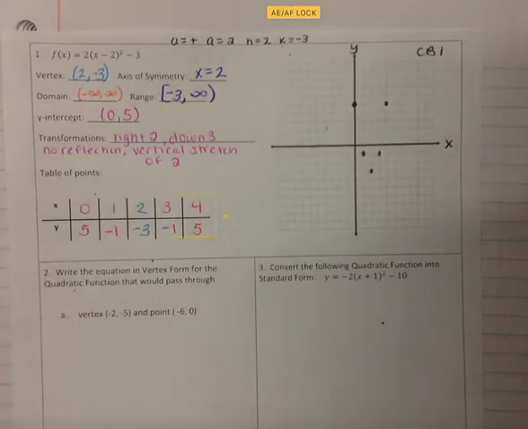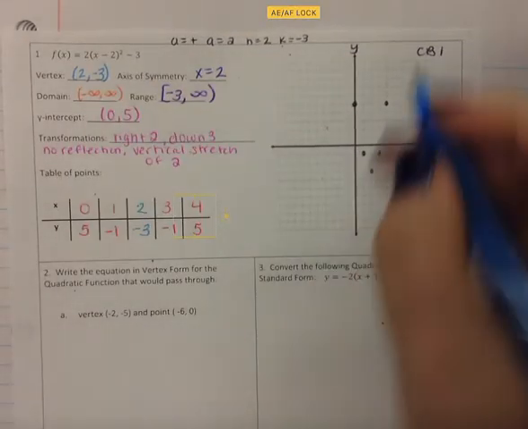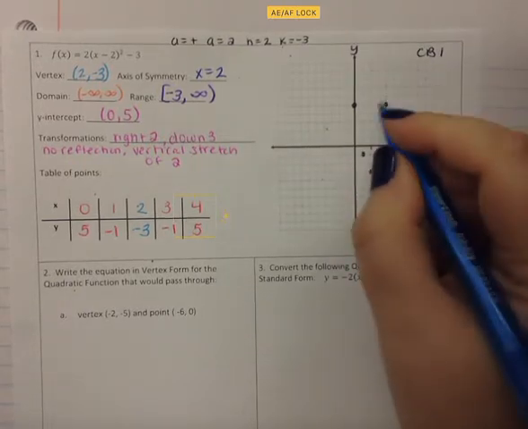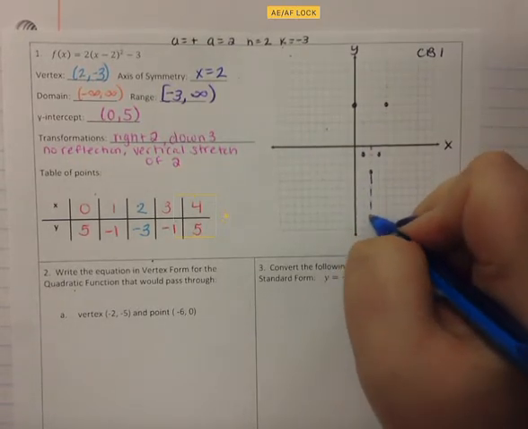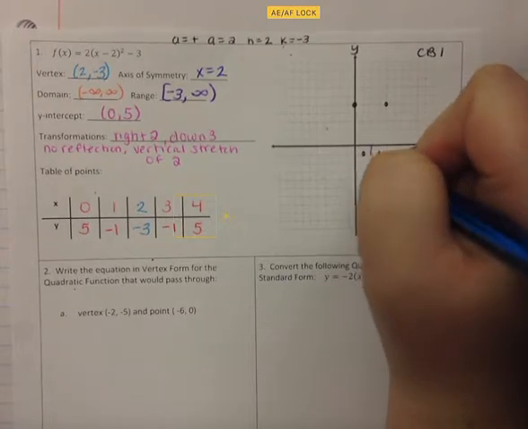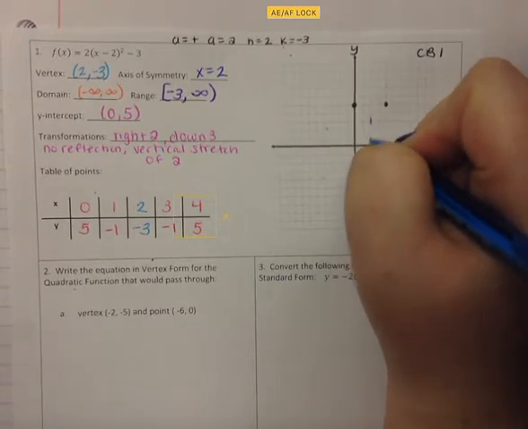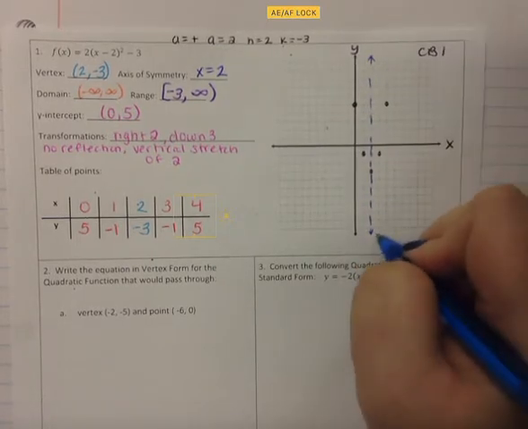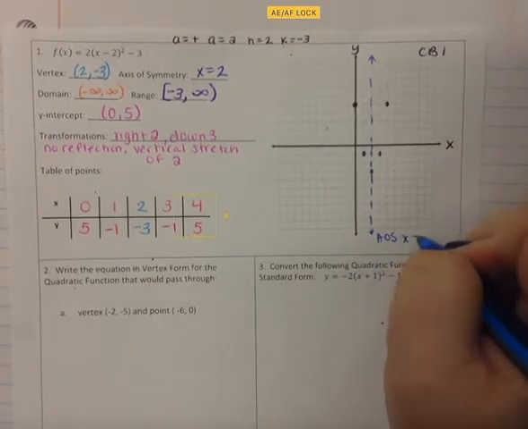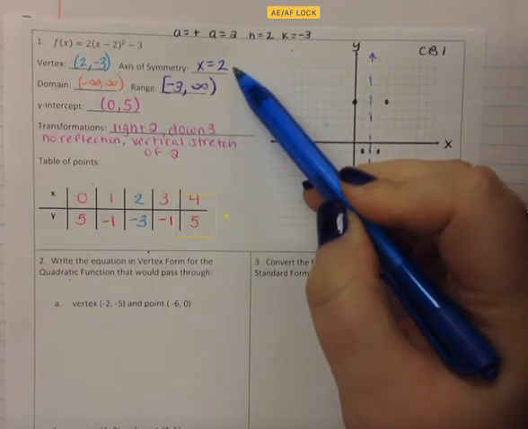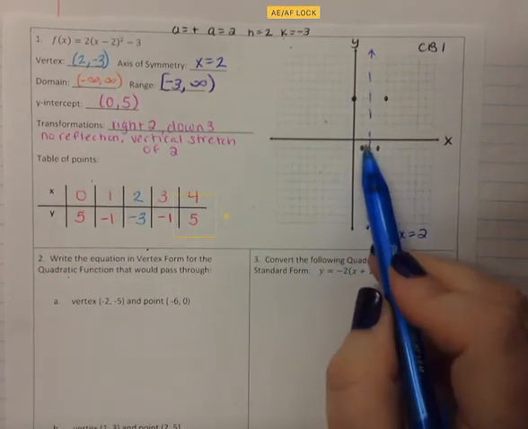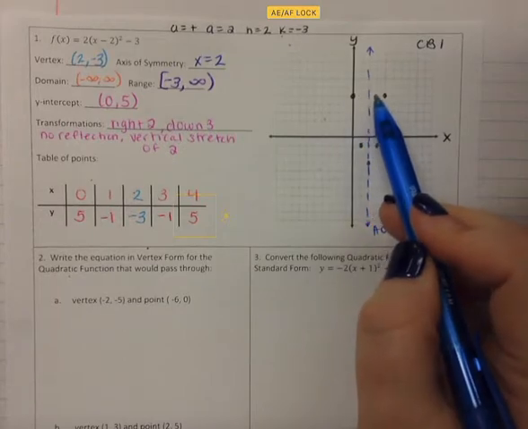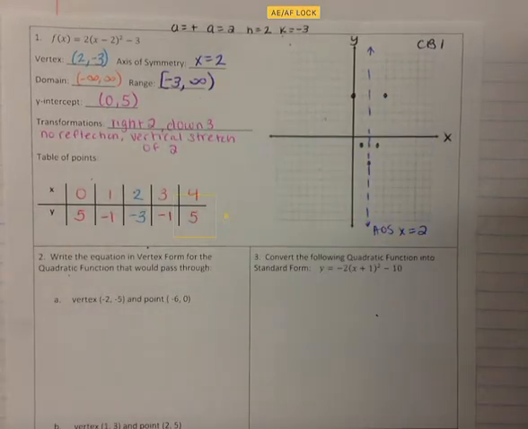I also need to draw in my axis of symmetry so I can see that those points are the same distances away from it. So they are a mirror of each other. This is the AOS, x equals 2. These are 1 and 1 away, 1, 2, 1, 2. They are mirrored from each other.